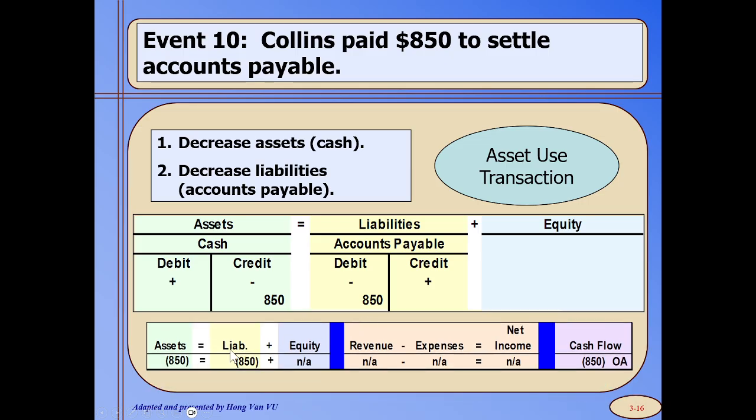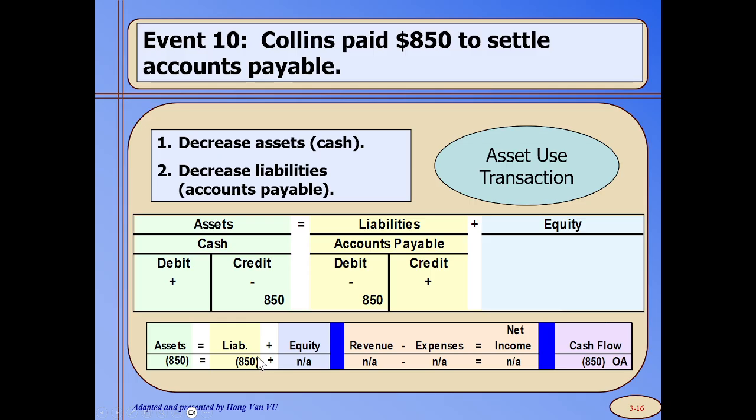And if we look at the impact of this transaction on the financial statement model, we will see that it has an impact on the balance sheet and also on the cash flow. For the balance sheet, one side is the cash decrease, and the other side of the equation is the liability.